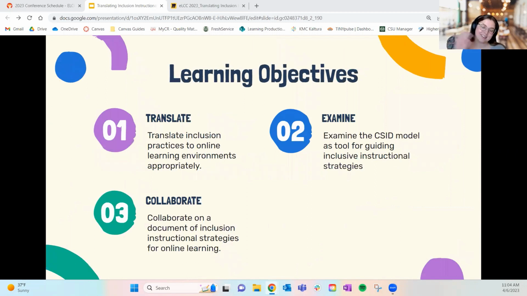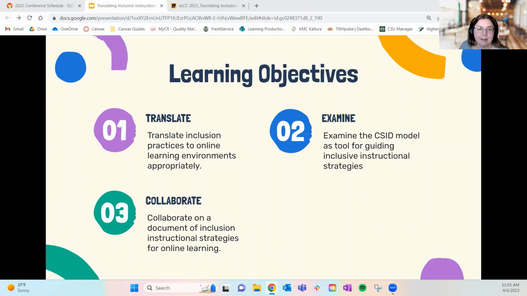Okay, so like true instructional designers that we are, we wanted to start off the session with some learning objectives for today. By the end of the session, we hope to translate instructional practices that are meant for in-person to online environments appropriately, making sure that those are inclusive.